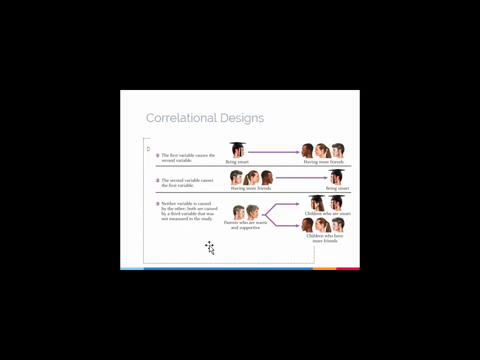Or it could be that there's a third variable that was not measured in the study, such as parents. It could be that parents who are warm and supportive tend to have children who are smart and children who have more friends. So remember, correlation does not imply causation. It simply tells us whether or not two variables are related.